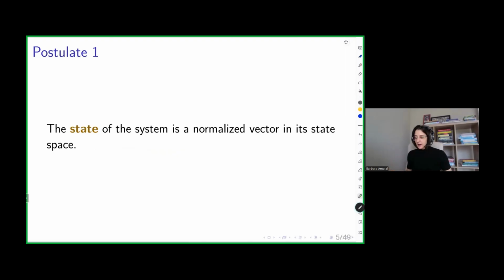Since we are dealing with finite dimensions, it is just a vector that can be written as a column or a row matrix with a finite number of entries, and these entries are complex numbers.